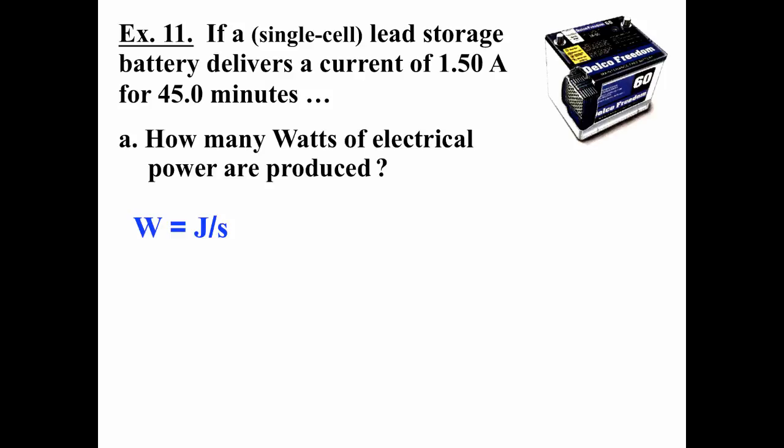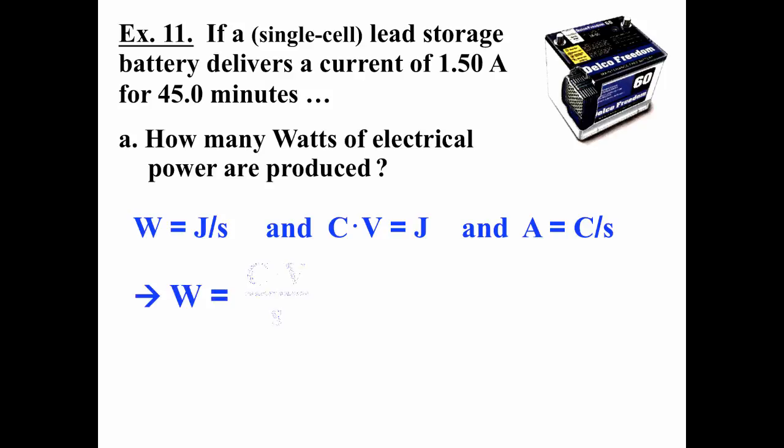And the relationships that we have to work with are shown on the screen. And of course, a good one to use if we want to find watts is an equation that gives us watts. So watts are joules per second, but joules are the same as coulombs times volts per second. And so that gives us some idea of what we should be doing.